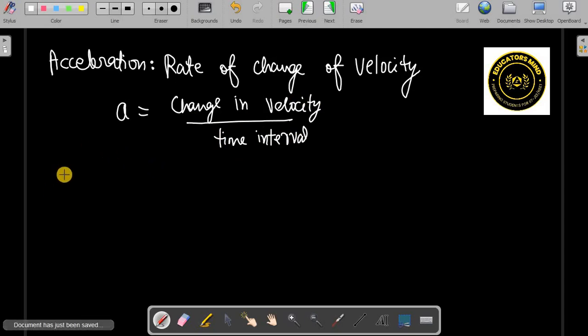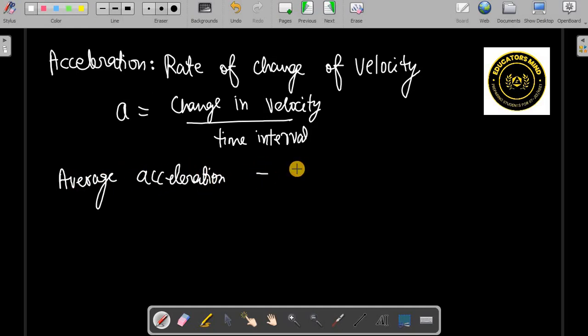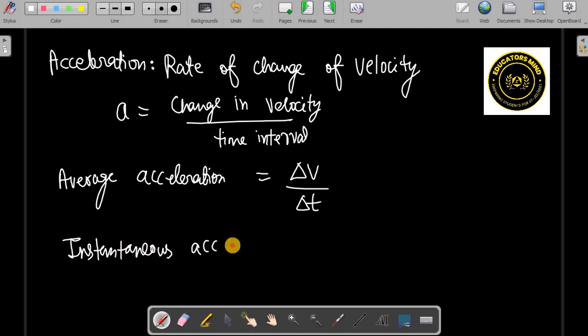So again here we can define average acceleration. Average acceleration is taken over the interval of time, delta v by delta t, and instantaneous acceleration will be dv by dt. Okay, right? So these are the very basic concepts that we should know.